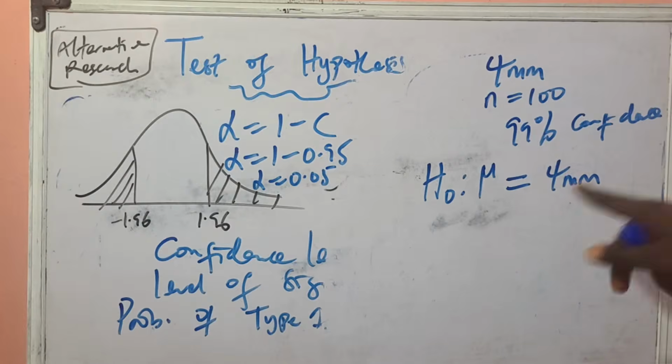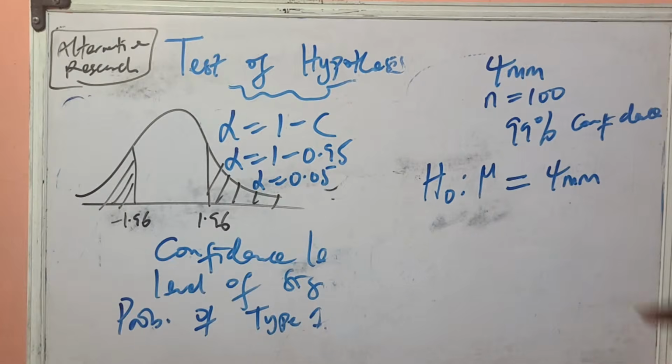It's not magic. Mu here represents population mean. If the company said their straw is 4 millimeter in diameter, that means each of their straw is 4 millimeter in diameter. So if you bring 1,000 straw, what's going to be the population mean for 1,000 straw? It's going to be 4.